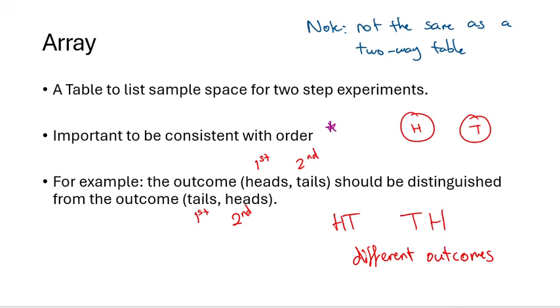Now, what you have to watch out for is you need to be consistent with the order of your results. So, for example, you flip a coin the first time, lands on heads. Great, jot it down, and then you flip the coin again.